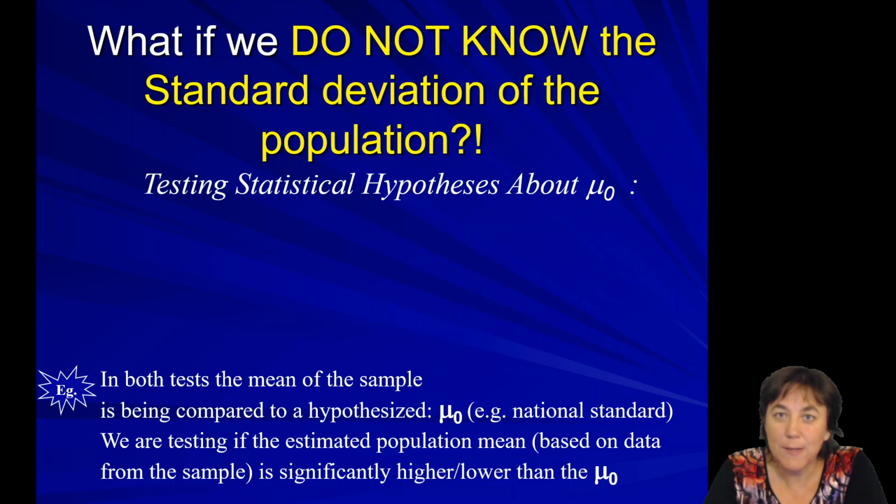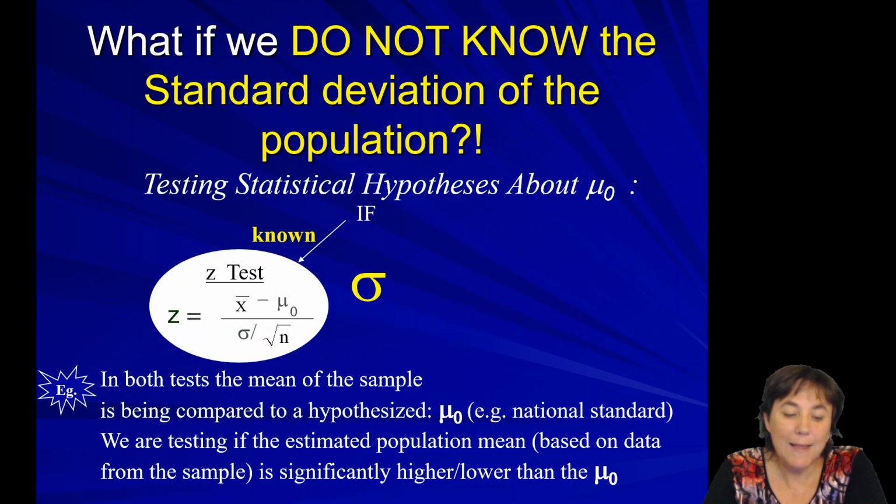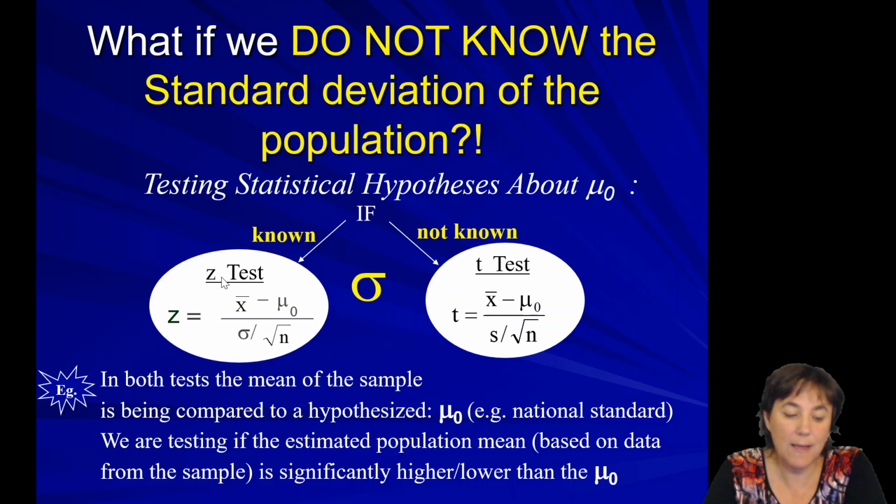So what if we don't know sigma? What happens then? Then we can still test the statistical hypothesis about mu naught. And please notice that the t-test is an exact resemblance of the z-test. The only difference is here. We don't know sigma, so we use the standard deviation of the sample. But because we do that, we have a little difference in the test itself.